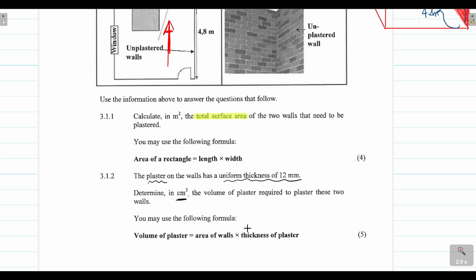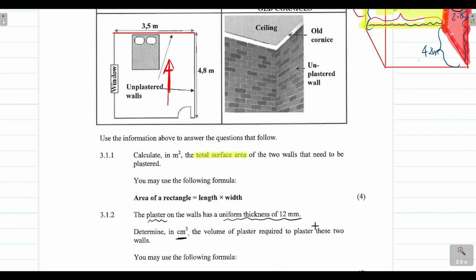So we want to basically determine how much plaster is going to be put onto these unplastered walls, if we are told that when they plaster them, they need to have a thickness of 12 millimeters.